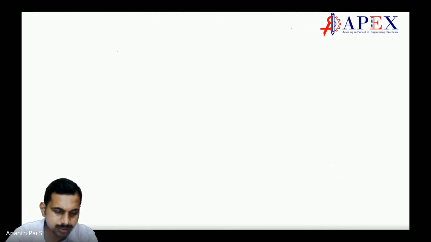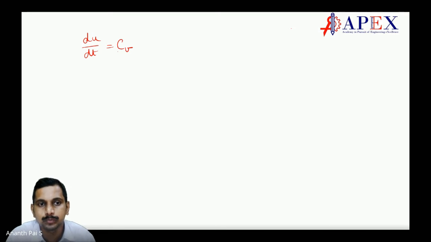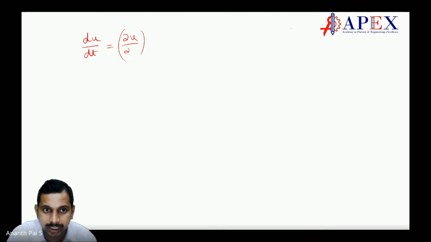Now when I consider du by dT, it is actually equal to specific heat at constant volume. What is this? This is dou u by dou T at constant volume, right? Change in internal energy per temperature at constant volume.